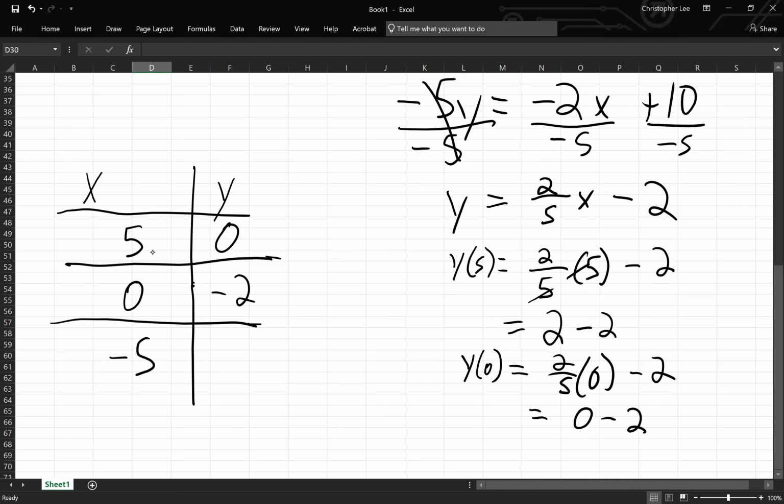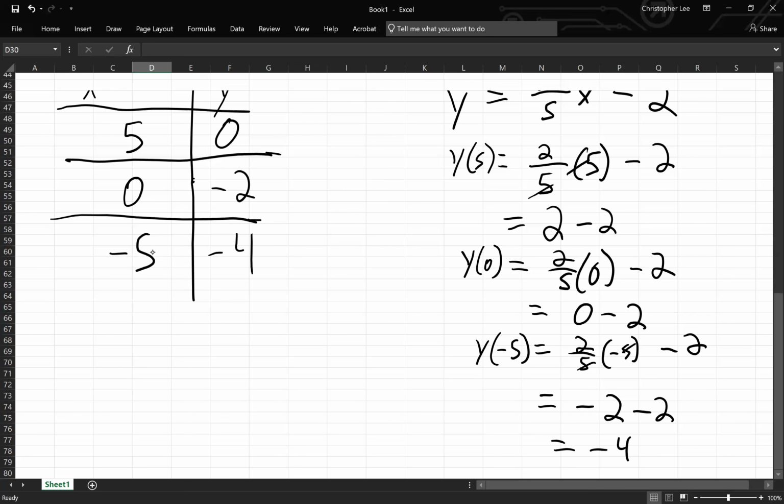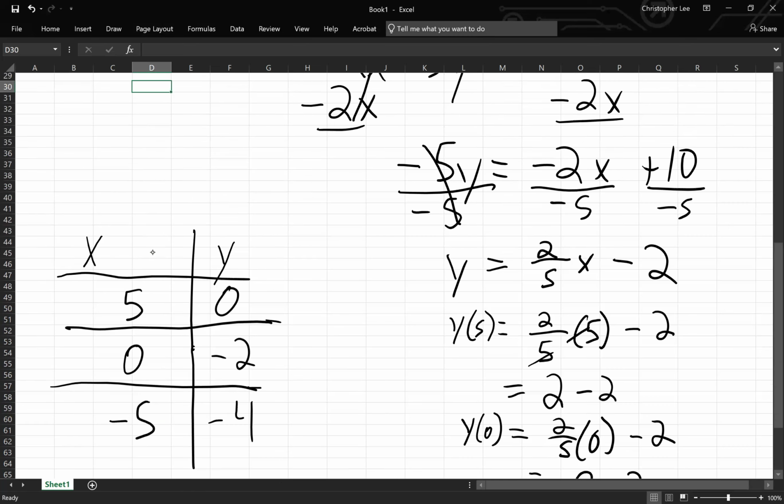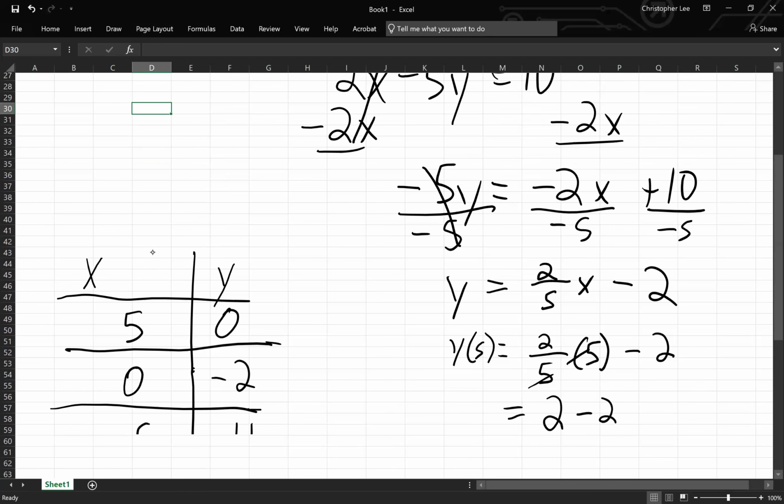Last but not least, y of negative 5 would be 2 over 5 times negative 5 minus 2. The 5s will cancel, so this would be negative 2 minus 2, call that negative 4. And bam, I have 3 points that would work for this equation.